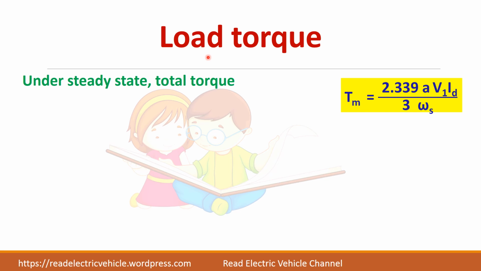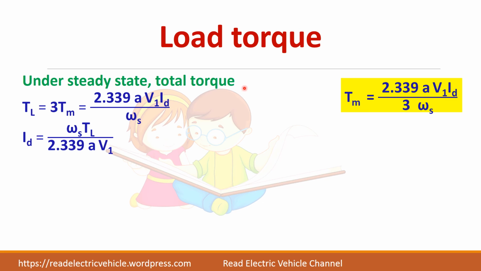So let us include the load torque also. Now under steady state, the total torque is given by 3 times Tm. So this TL represents the load torque, that is equal to 3 times the motor torque, that is equal to Tm, which is this one. So this 3 and this 3 get cancelled. So you are getting the load torque.